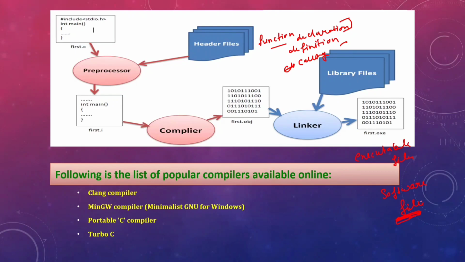Then how your source file converts into an object file, and how your object file converts into the executable file. This is all about the process behind the compilation and execution of any type of program. I hope you understand this concept.